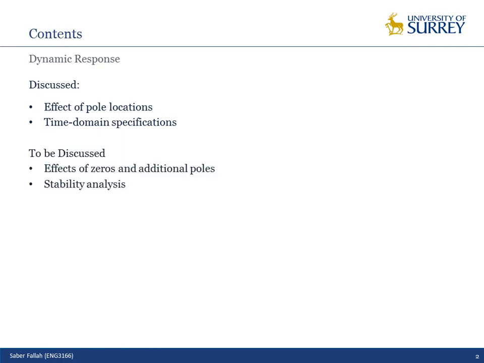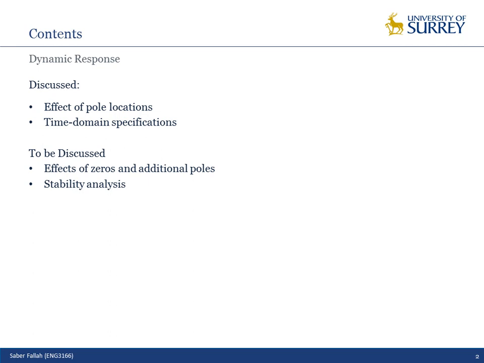Today, I will talk about two other concepts, effects of zeros and additional poles, because so far we talked about the pole locations of a standard second order system. How about if I have one zero or more on the numerator, and how about if I have one more pole on the denominator?